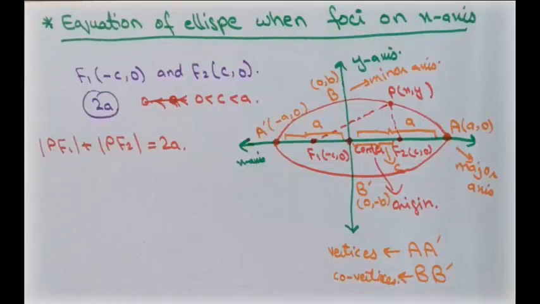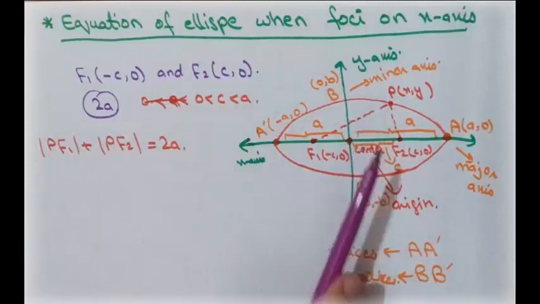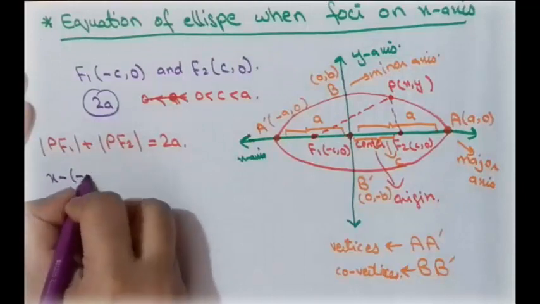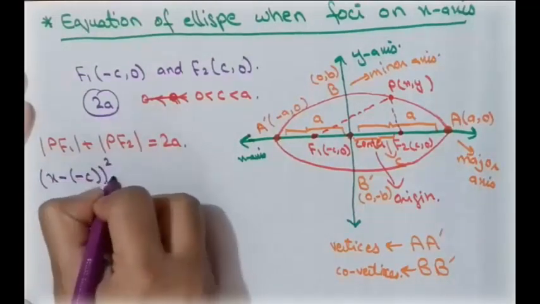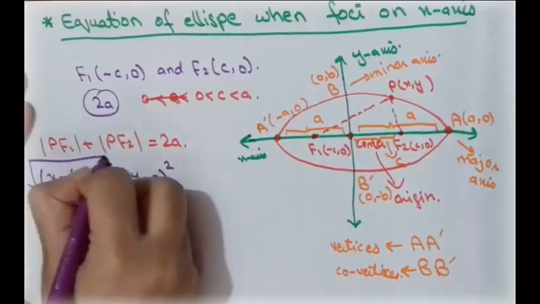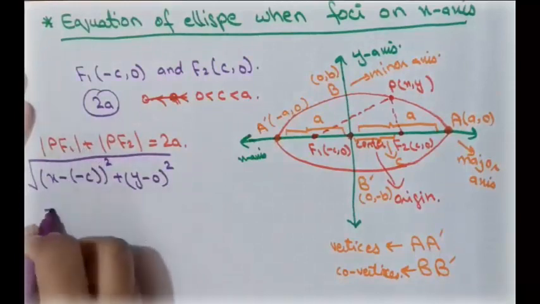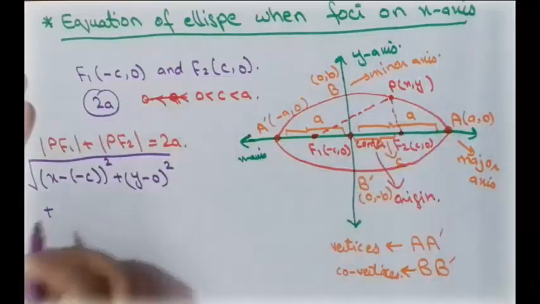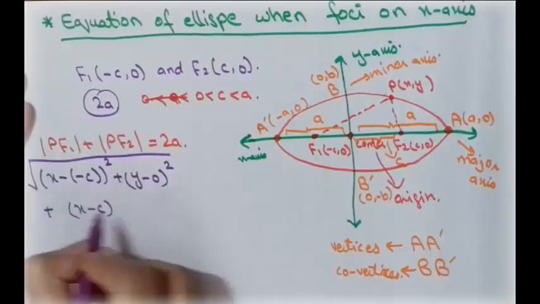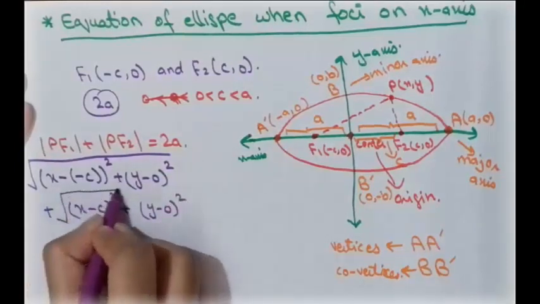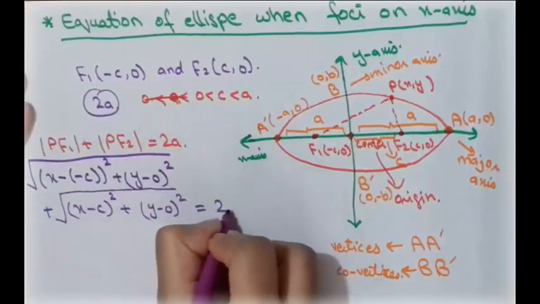So now we find the equation by using the distance formula between the points P and F1 and P and F2. The formula is the square root of (x minus (minus c)) squared plus (y minus 0) squared. Now the sign is plus, and the other distance is PF2, so it will be the square root of (x minus c) squared plus (y minus 0) squared, which is equal to 2a.